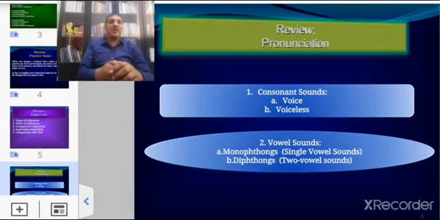Also here we have pronunciation, we have consonant sounds, voiced and voiceless, and we have vowel sounds, monophthongs, single vowel sounds, and diphthongs. Diphthongs means more than one sound in the same word. Okay.